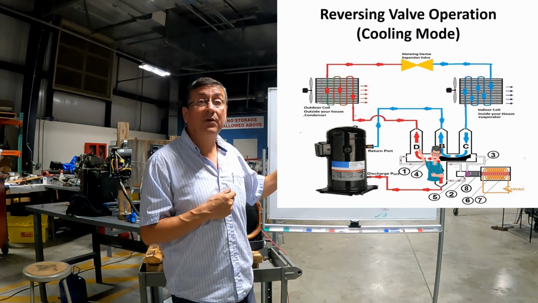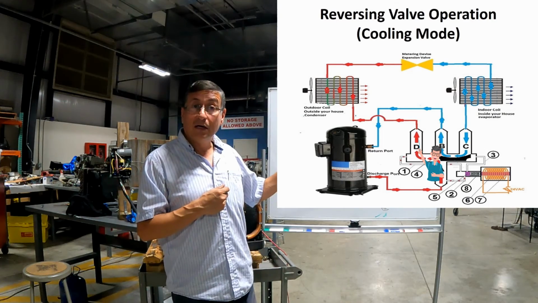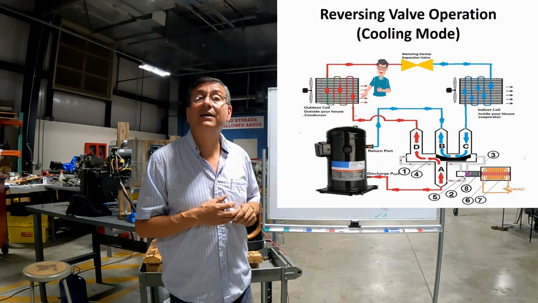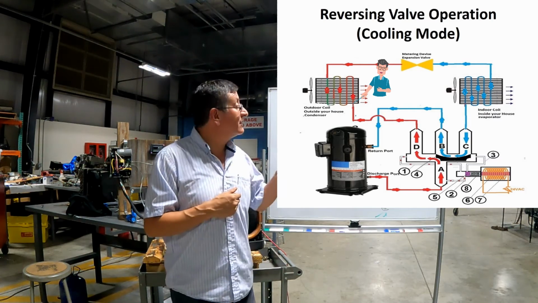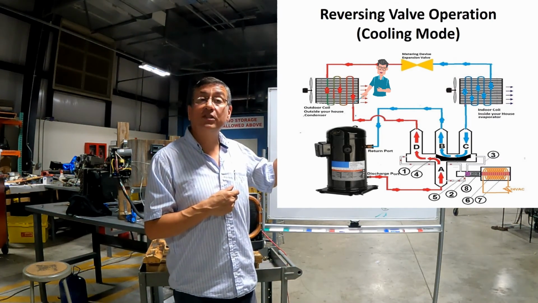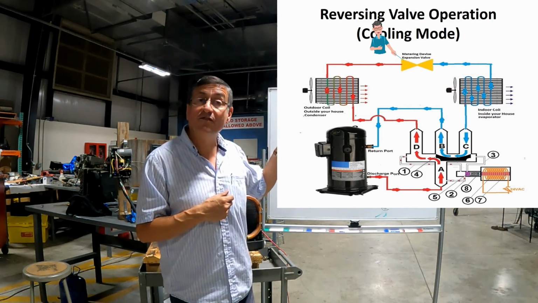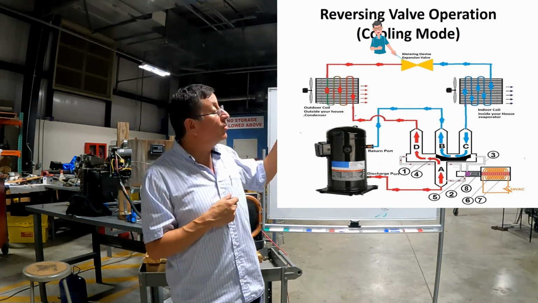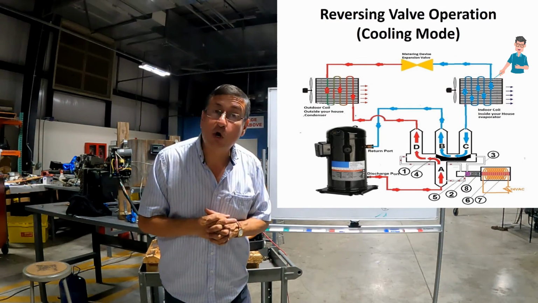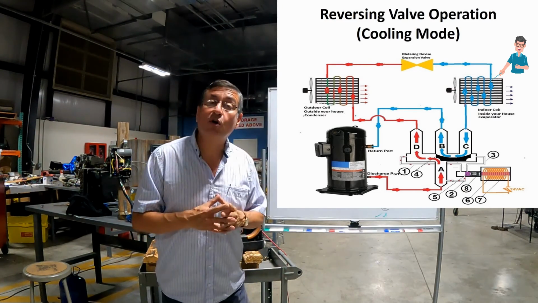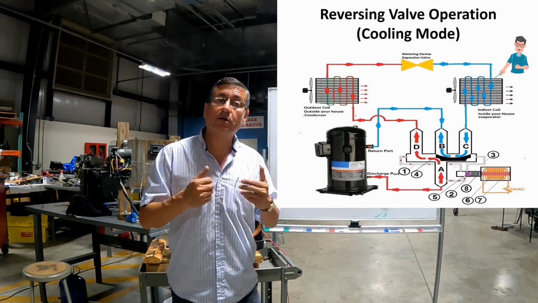The refrigerant, a gas at high pressure and high temperature, enters the outside coil and starts the condensation. It is condensed and passes to the expansion valve. On the other side of the expansion valve, it enters again into the indoor coil. Now the indoor coil is working like an evaporator.